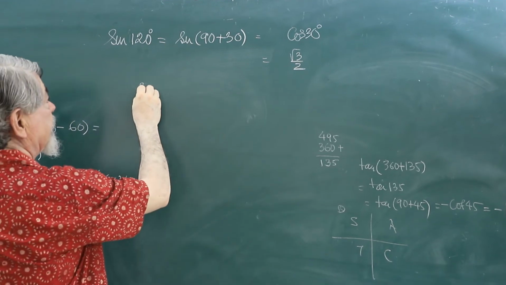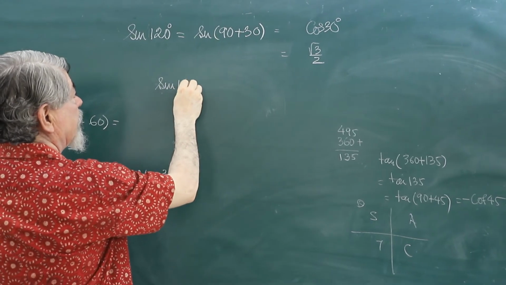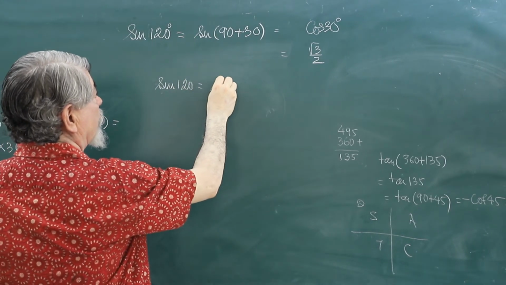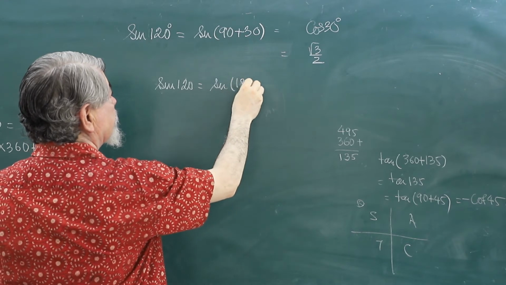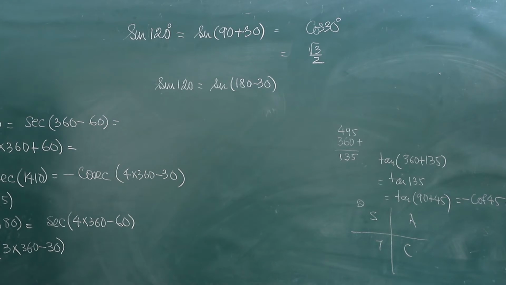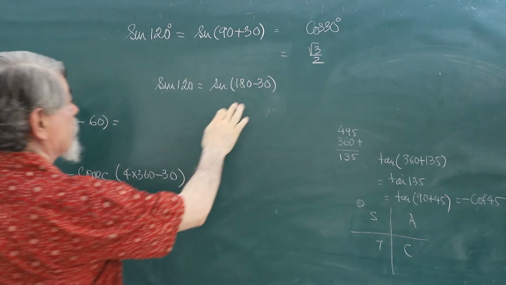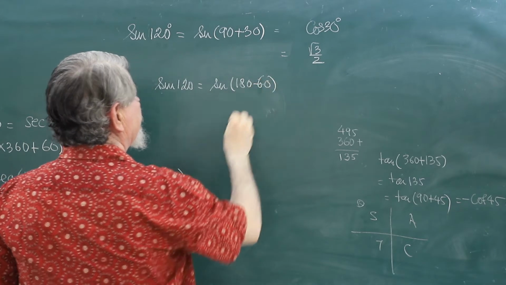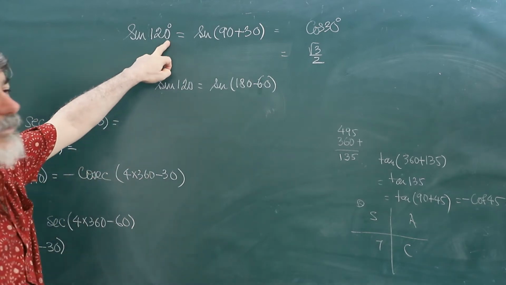Or sine 120, I have told you, could have been written as sine 180 minus 60, not 30, because we have to get 120.